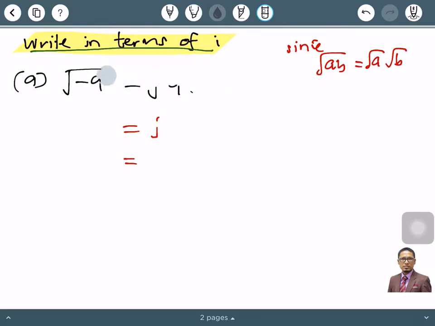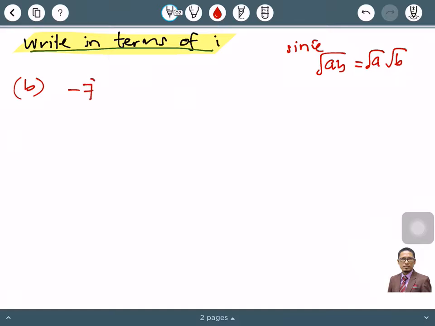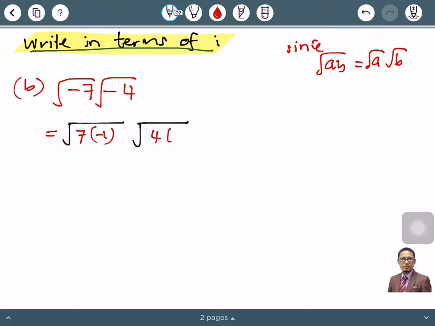Tu first example. Kita tengok contoh yang kedua, square root of negative 7 times square root of negative 4. There are 2 square root. Square root of negative 7 we crack it as a product of 7 times negative 1, and negative 4 is 4 times negative 1.